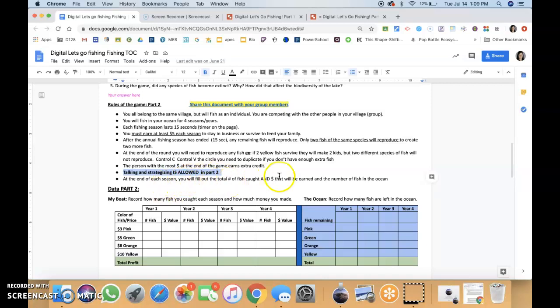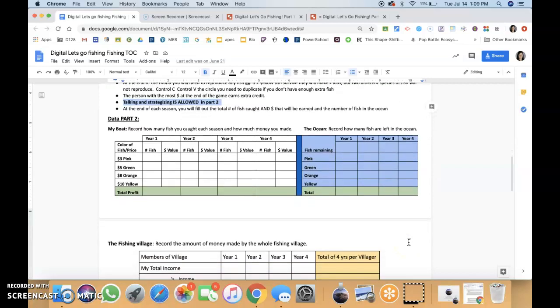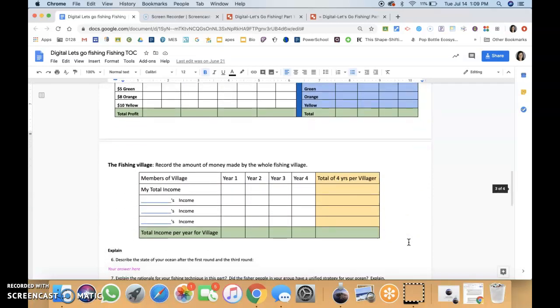At the end of the season, don't forget you need to fill out how many fish you got, how much money you made at the end of each year, and then how many fish remain in that ocean at the end of each year. Then you're going to get your group's data. So make sure you record who was in your group, how much they made each year, and the total amount of money they made throughout the entire simulation.